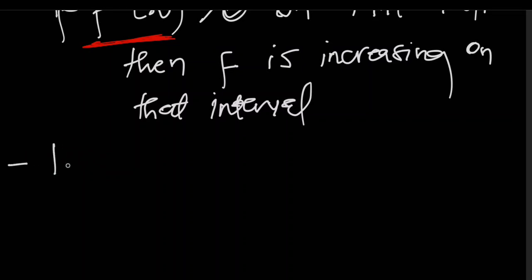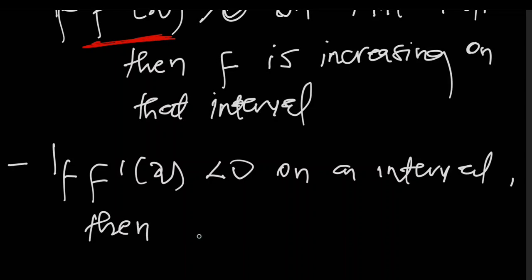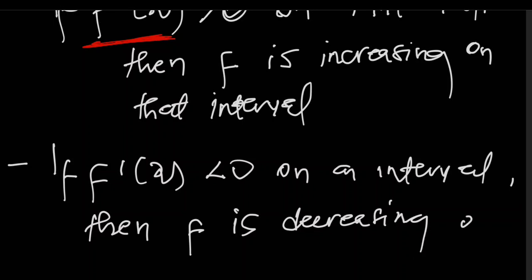And also for case 2, if f prime of x is less than 0 on an interval, then f is decreasing on that interval.